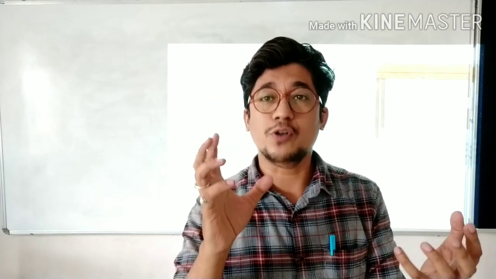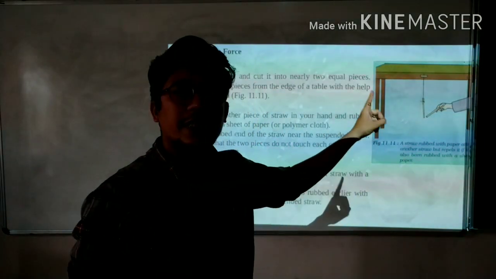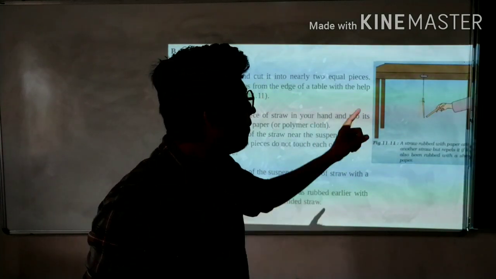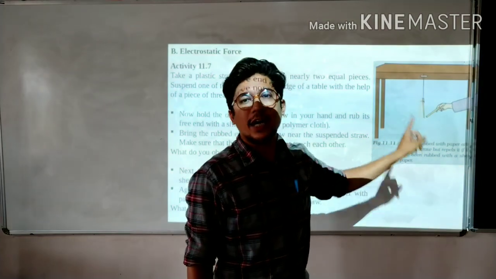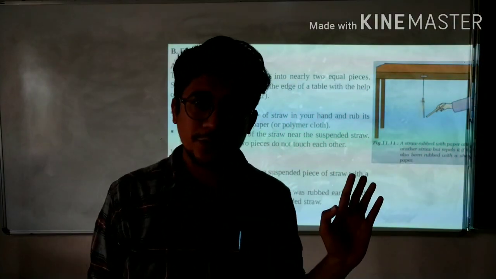Nail of iron does not contain any charges. Yes, but the magnet is charged, positively charged. So the magnet attracts the nail of iron. Yes or no? Okay. In the same way, electrostatic charge also acts. A positively charged straw will attract the non-charged straw which has been hanged on a table. Yes or no? Very good.